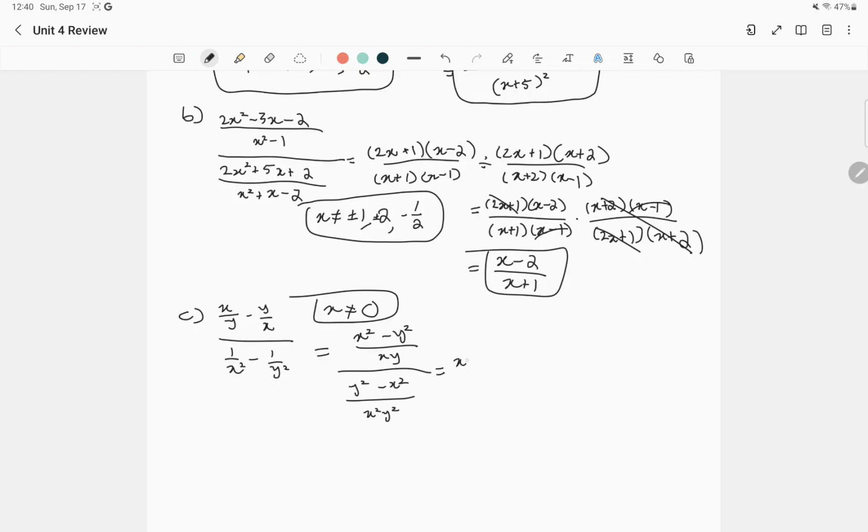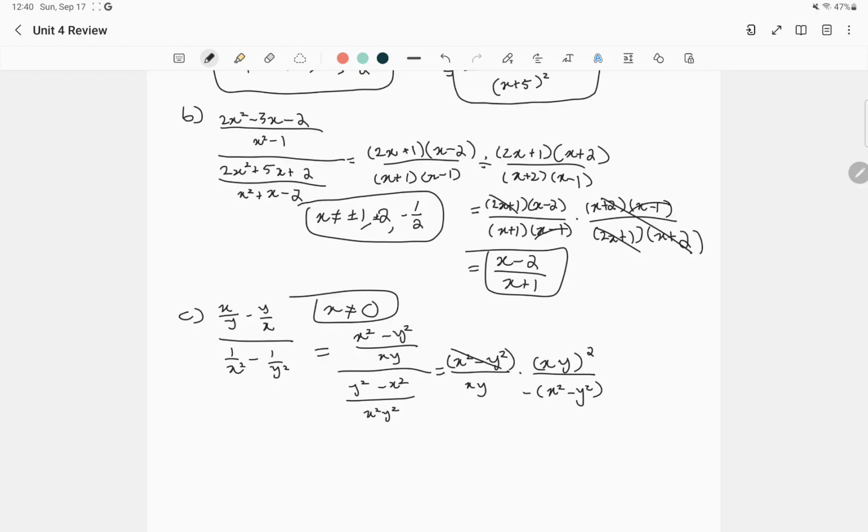So let's do our flipping. X squared minus y squared over xy times, flip this goes to the top, xy, and I'm actually going to turn it into this form because it's slightly easier. And I would like to note that this y squared minus x squared can be written as negative x squared minus y squared, and it will help us do some canceling.